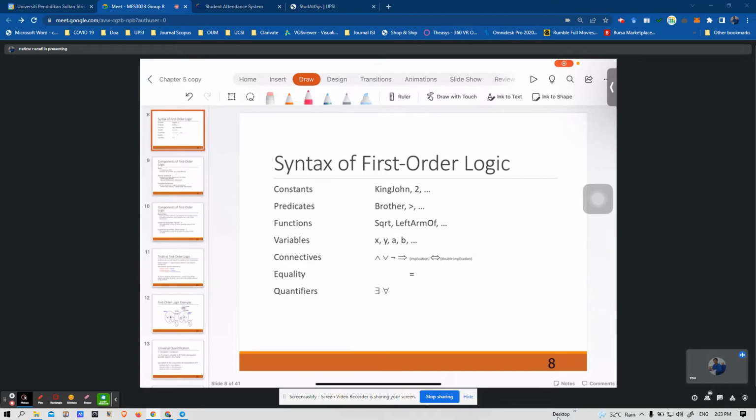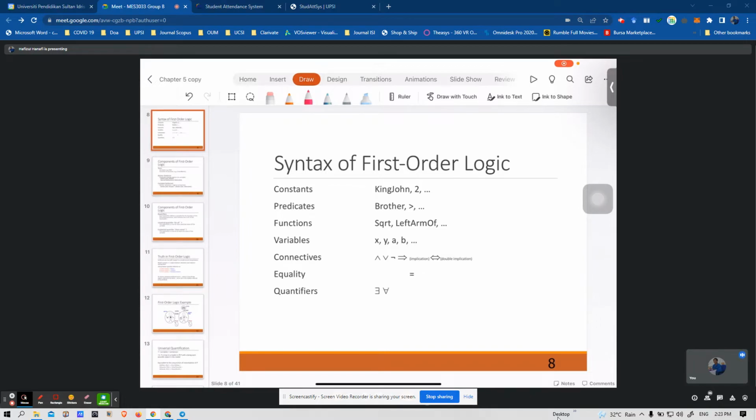The constant in first order logic is denoted by a lowercase letter at the beginning, such as a, b, c, and d. The symbol may stand for Socrates. In arithmetic, it may stand for zero. In set theory, a constant may stand for the empty set. Okay, this one is for constants.